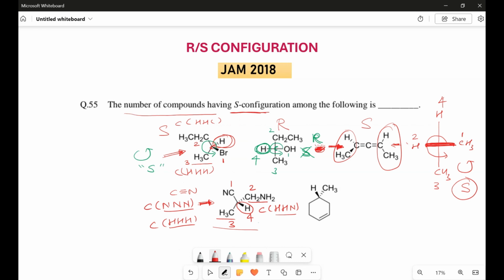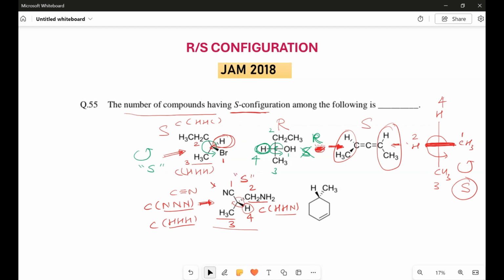Just imagine I'm rotating from standing here somewhere. So it goes 1, 2, and 3. You have to imagine that 1, 2, 3 is taking an S direction.